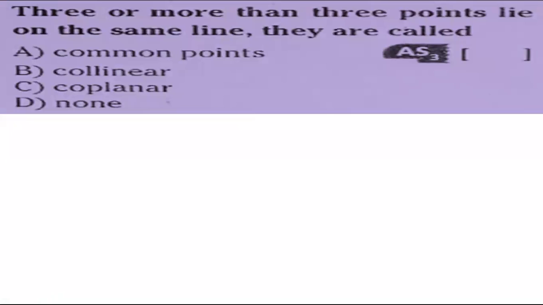First question. Three or more than 3 points lie on the same line. They are called dash. If we take a rough picture, let us say this is the straight line. A is a point, B is another, C is another, D is another. Like this we can take many points.